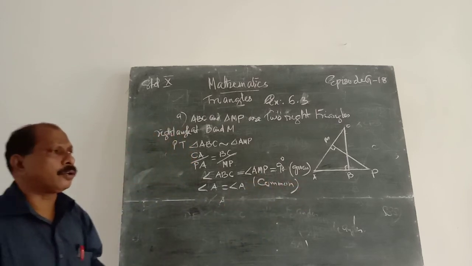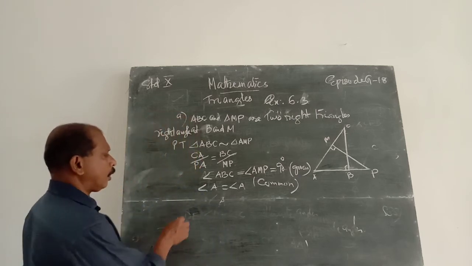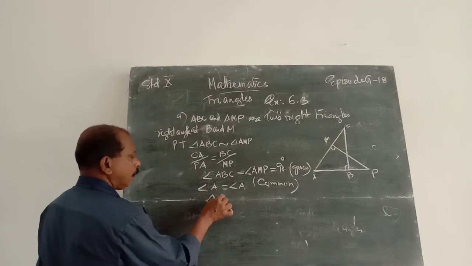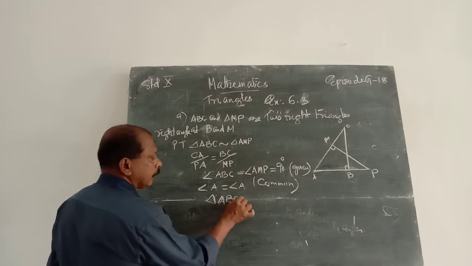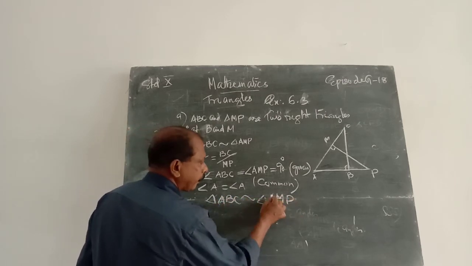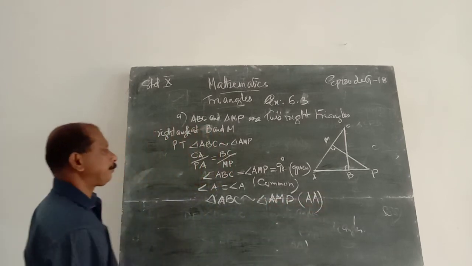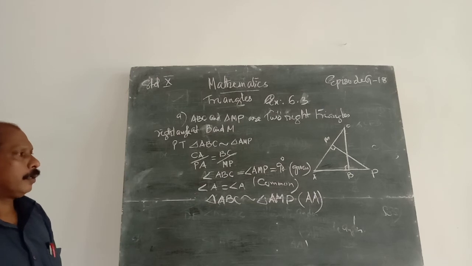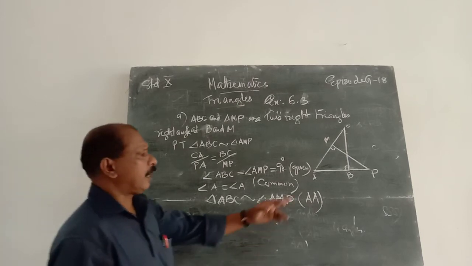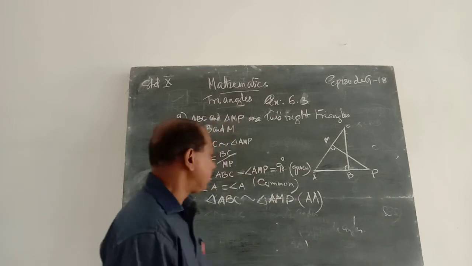Therefore, two angles are equal, so the third angle is also equal. Therefore, triangle ABC is similar to triangle AMP, that is angle criteria. The hypotenuse of the first triangle is against 90 degrees at B, therefore it is AC.